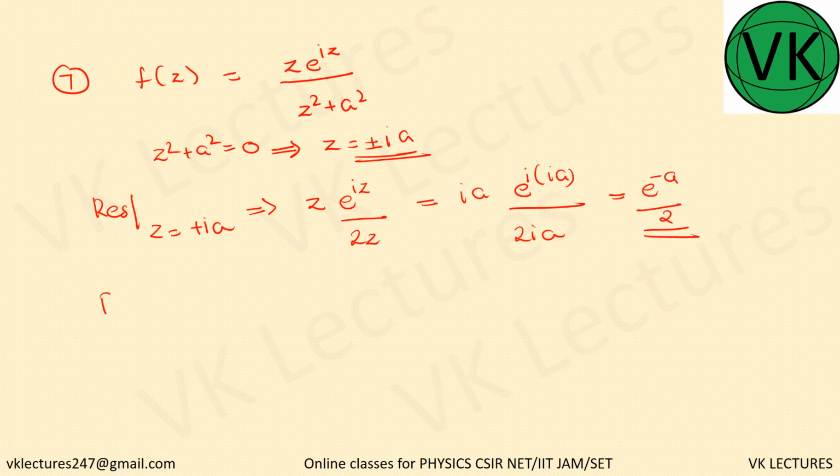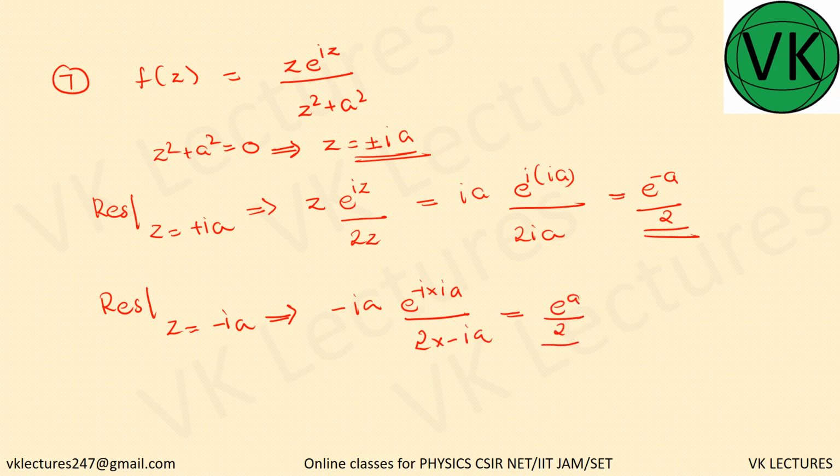Then residue at z is equal to minus ia is equal to minus ia into e raised to minus i into ia divided by 2 into minus ia, that is equal to e raised to a divided by 2.